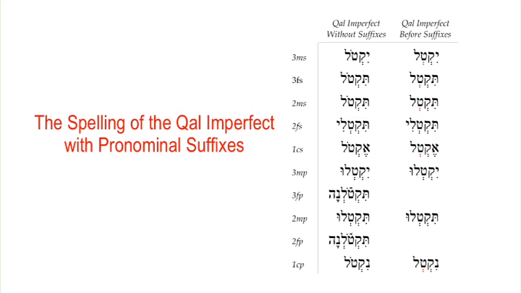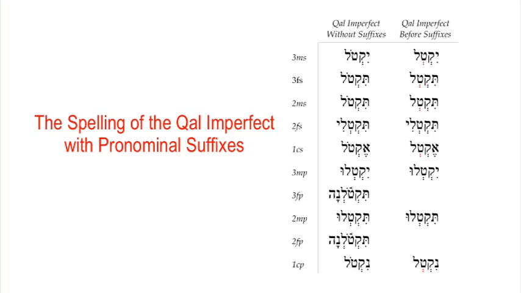Of the remaining 8 forms that do occur, you'll see that there are not that many changes highlighted in red in that right column. In fact, the only change that you will observe is the fact that in those forms that maintain the O-class stem vowel, that O-class stem vowel has reduced to vocal schwa in every instance in those forms that take a pronominal suffix.